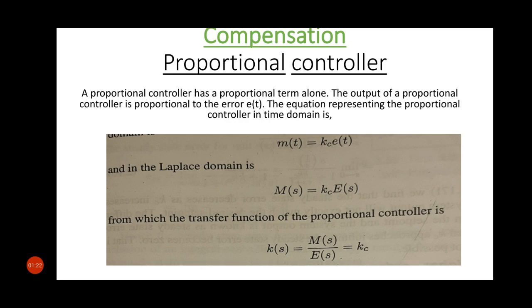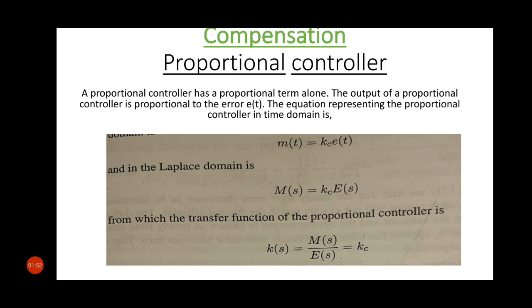The error thus detected is used as an actuating signal for control action through a controller. The proportional control action and types of control action used for improving the transient and steady state response of a control system are described in this lecture.